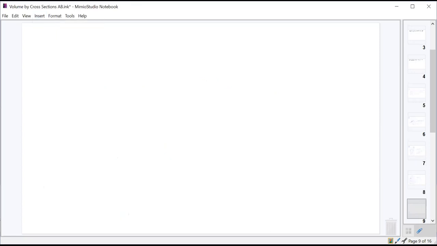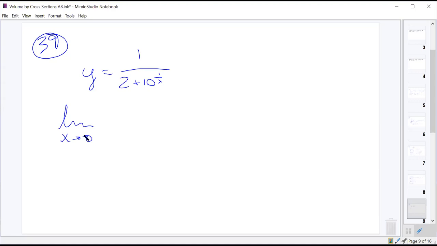Let's see. 39 says y equals 1/2 plus 10 to the 1/x. And we want the limit as x approaches 0 of y, so of this function.